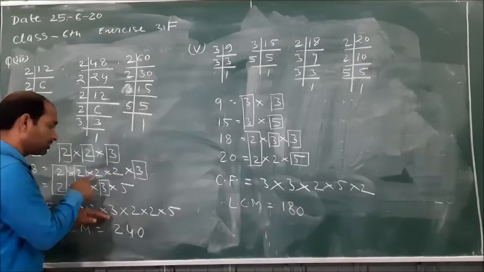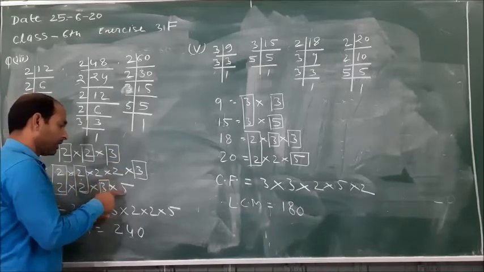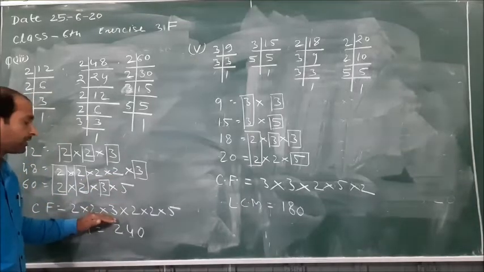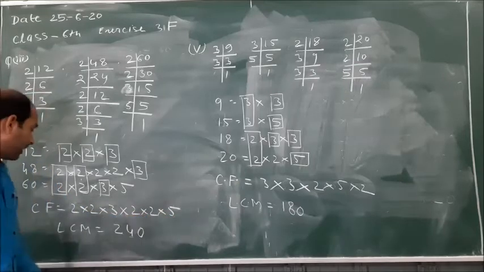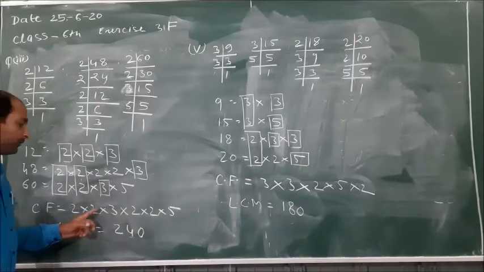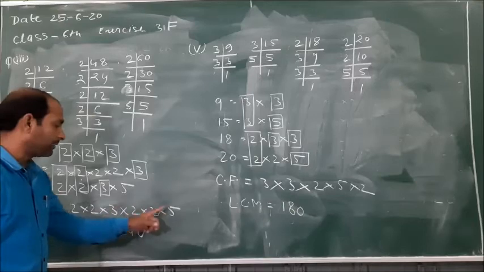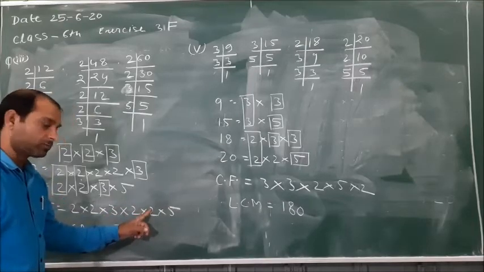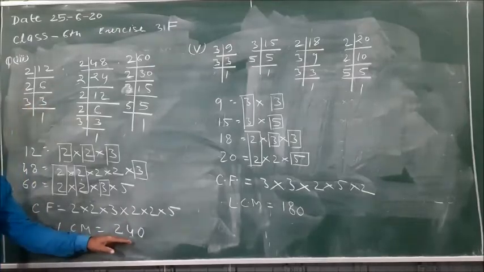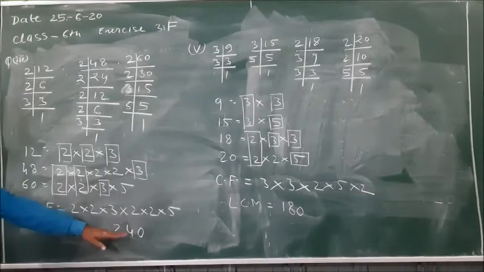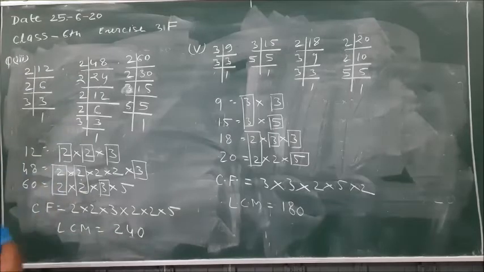But 2 and 5 are not common, so we write down here 2 multiply by 5. 2 twos are 4, 4 threes are 12, 12 fives are 60, 60 twos are 120, 120 twos are 240. 240 is the LCM of these numbers.